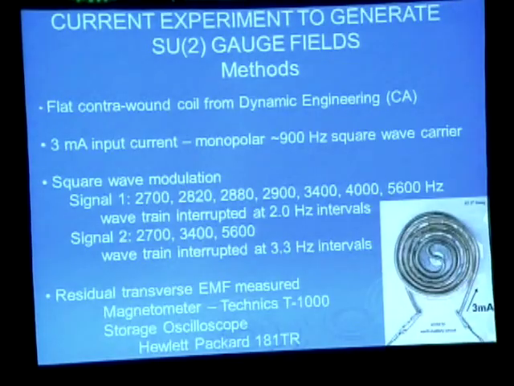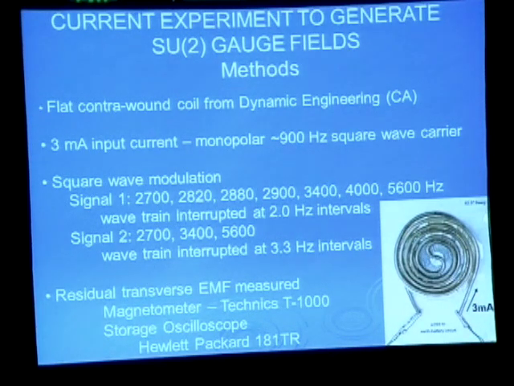I don't have time for this, but using a toroid or a Caduceus coil kind of configuration. The experiment that I did was using yet another kind of configuration where the current in this kind of a coil, a flat coil, comes in at one end, as you can see in the far right corner, turns around and goes back out in the other direction so that the current is opposing.